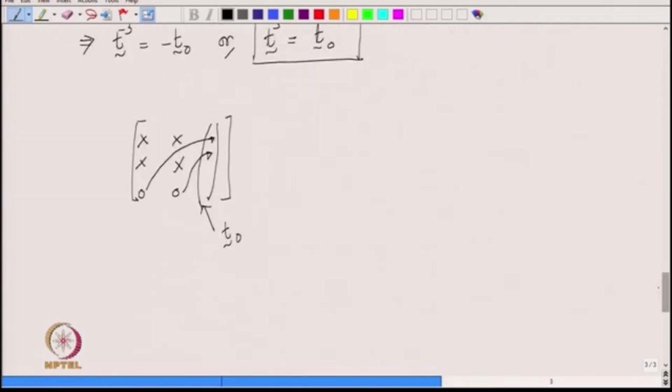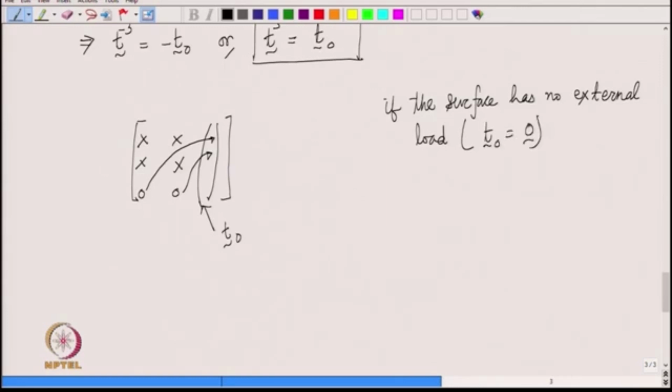In that case, I will write here, if the surface has no external load, or T naught is equal to 0, in that case it is a special case, and you could simply say that this part is 0, this part is 0, this component is 0, and from symmetry these two components are also 0, but these 4 we do not know, but the remaining are all 0.